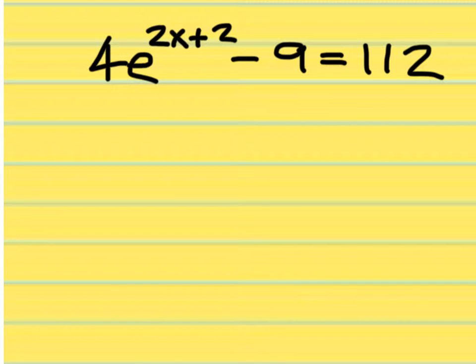That e is not a variable. You're not solving for e. E is a constant. If you look on your calculator, you have an ln button. If you hit second ln and then put it to the first power, second ln and type 1 and then hit enter, you'll come back with 2.718281828.